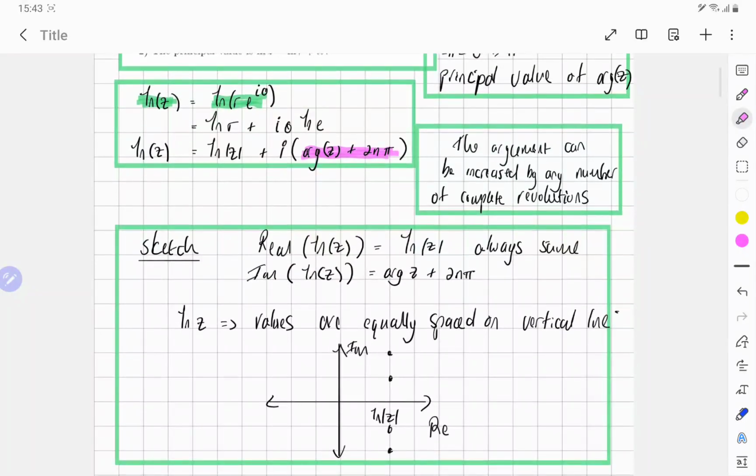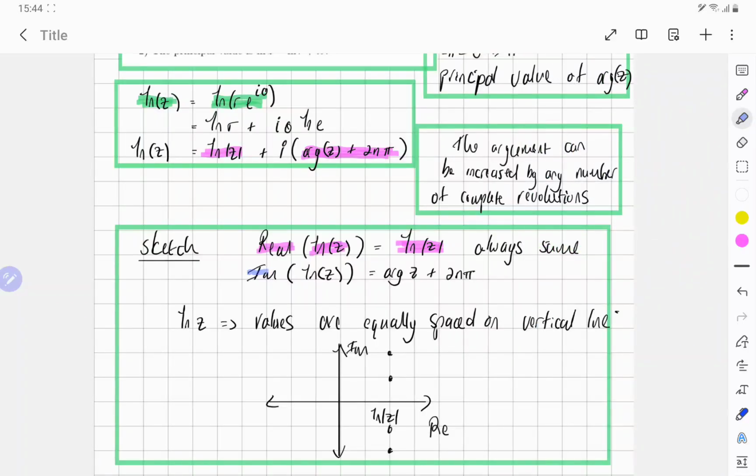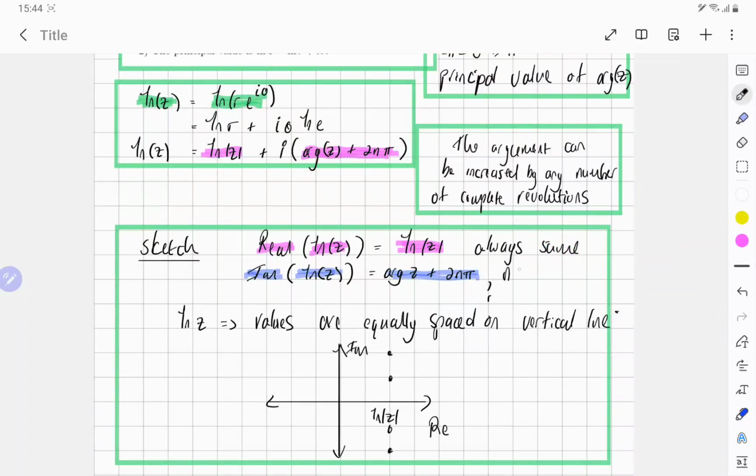When we sketch ln z, recall that the real part of ln z will be ln of the modulus of z, and let's make that in blue, the imaginary part of ln z, everything that's attached to the i, is the argument of z plus 2n pi, where n is an integer.